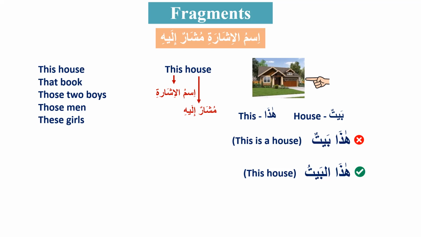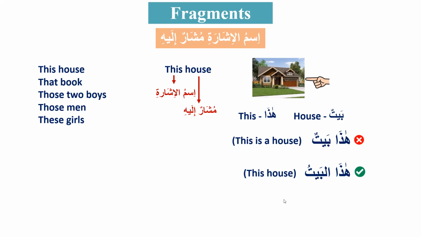If they don't add al, then it is not a musharun ilay. Then it becomes a sentence, as in the example here. So we just follow the Arabs. What they do, we just follow. We cannot change the language. The language developed over centuries, hundreds of years, rather.